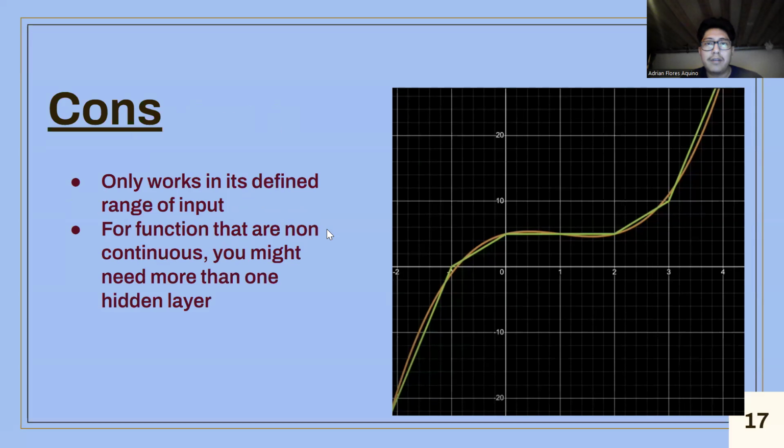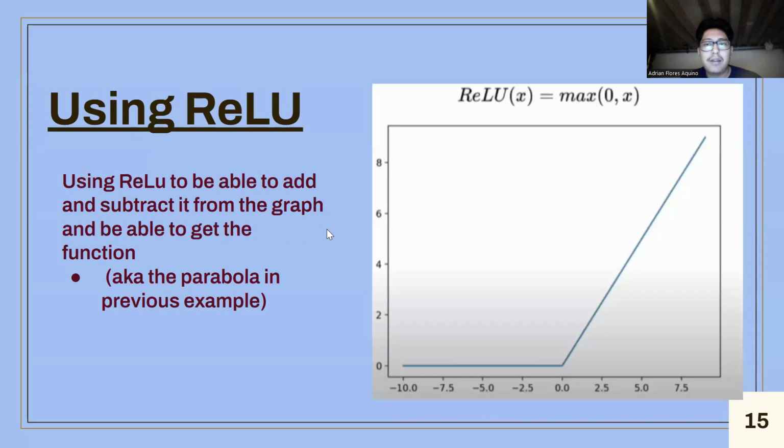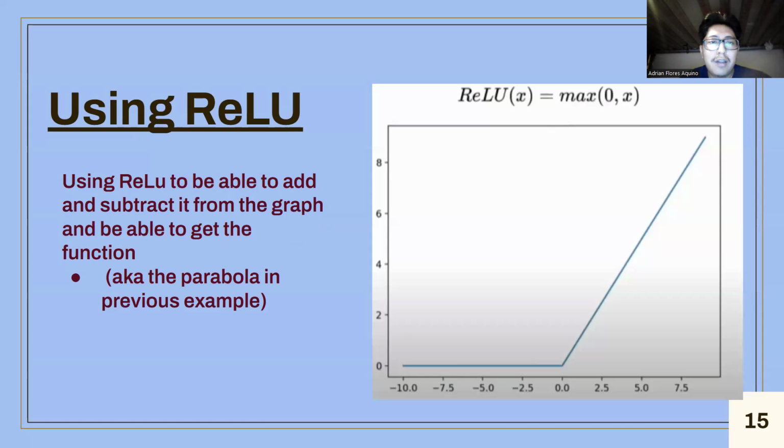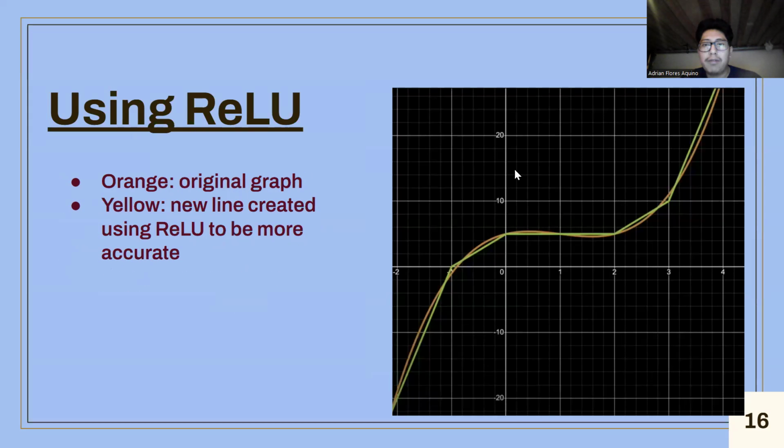And then, essentially, if you do want to get more accurate at identifying the graphs, it's better to use the ReLU. This would be the formula, and essentially you would find, let's say from here to here, the slope is 20, -20, right?